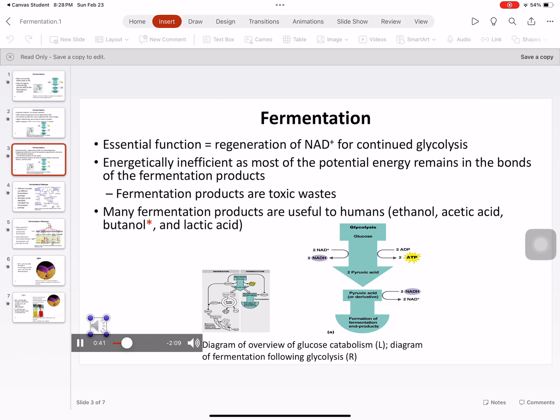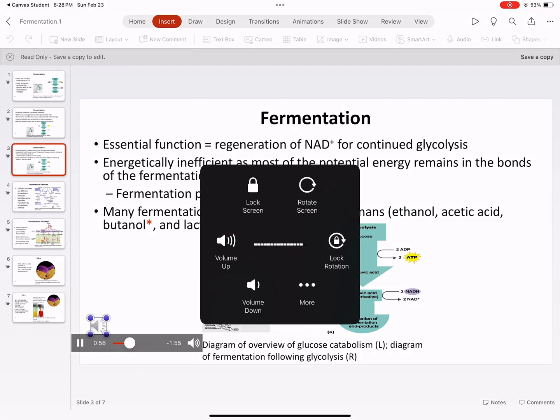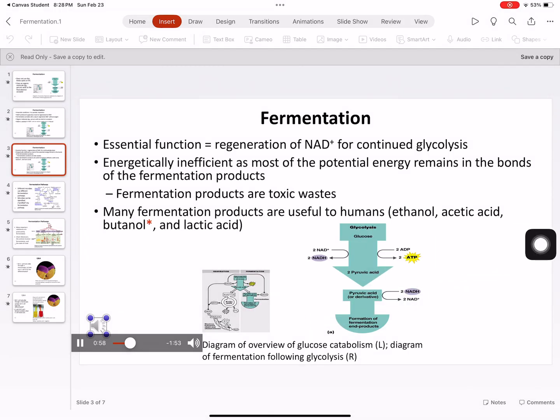However, fermentation is energetically inefficient, as most of the potential energy, most of the ATP-making energy, is going to remain in the bonds of the fermentation products. In addition, fermentation products are toxic wastes to the cells that make them.